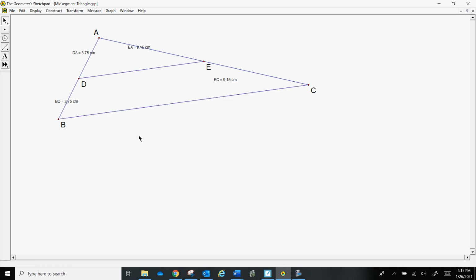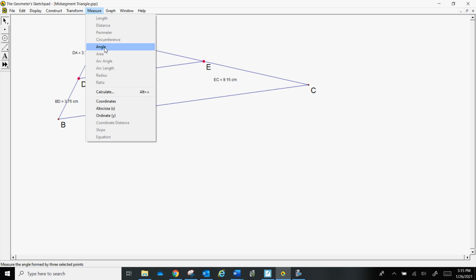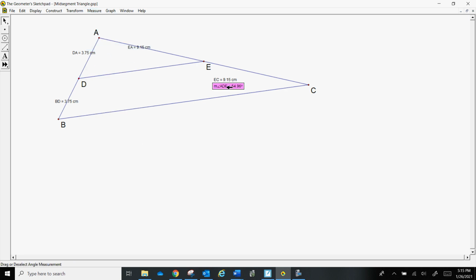That midsegment's parallel. Watch. If it's parallel, then this angle right here, angle ADE, is 54 degrees. And the angle right down here is going to also be 54 degrees if that is parallel.